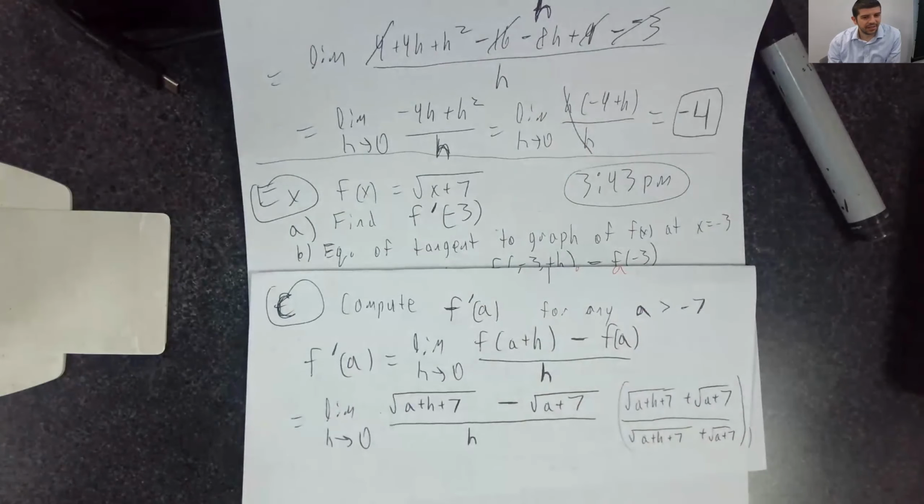I'm left with 1 divided by radical a plus h plus 7 plus radical a plus 7. After the cancellation, I could just substitute h equals 0. A is staying at a. So 1 divided by 2 radical a plus 7.